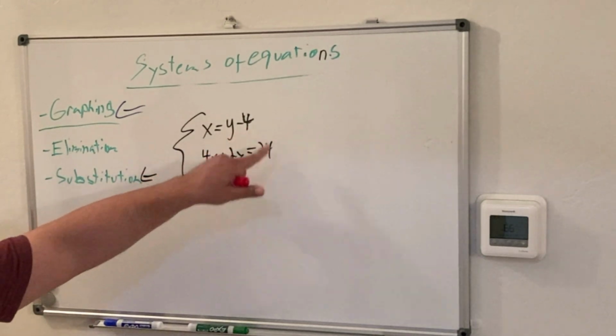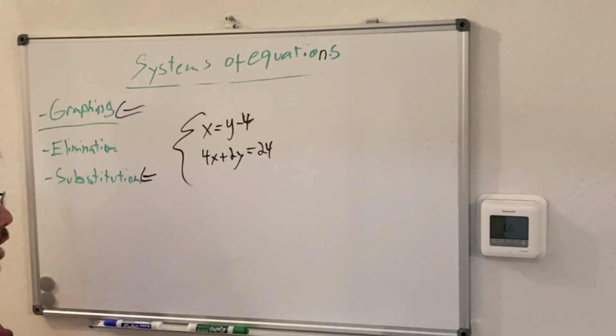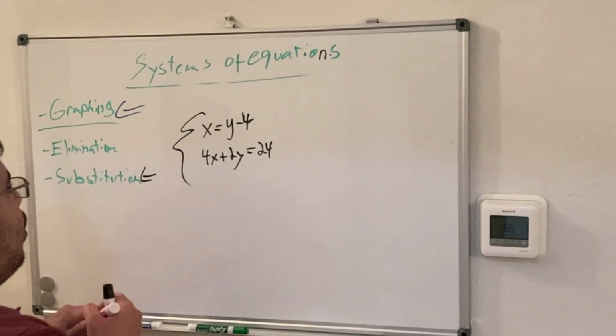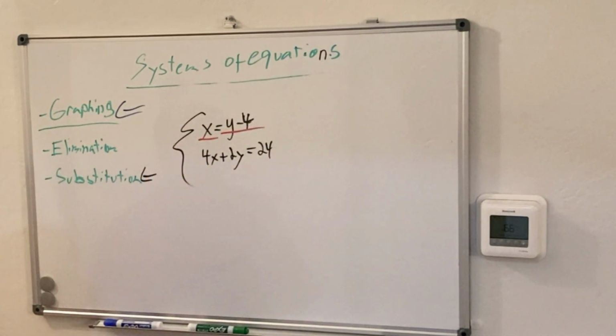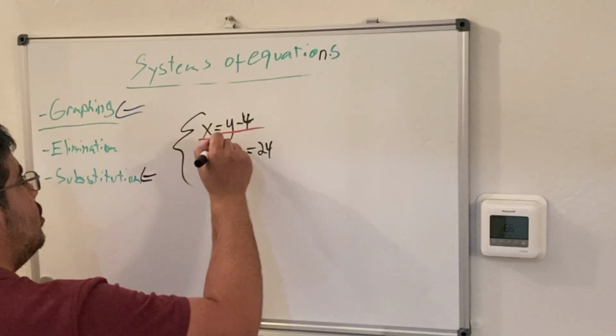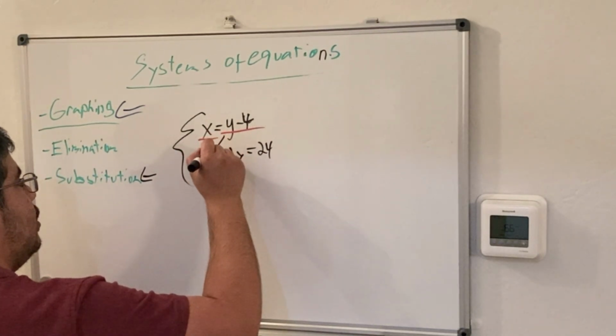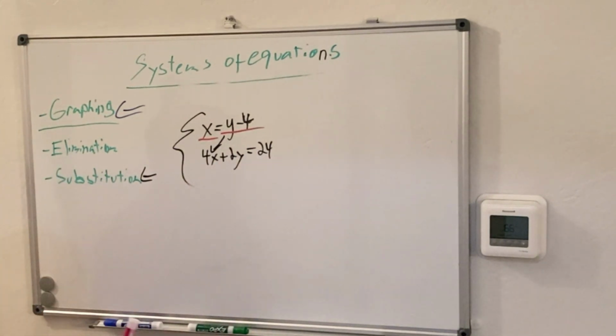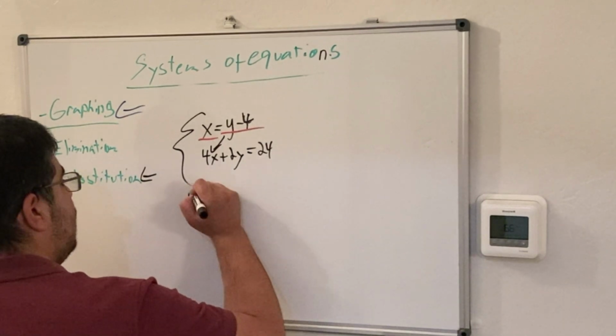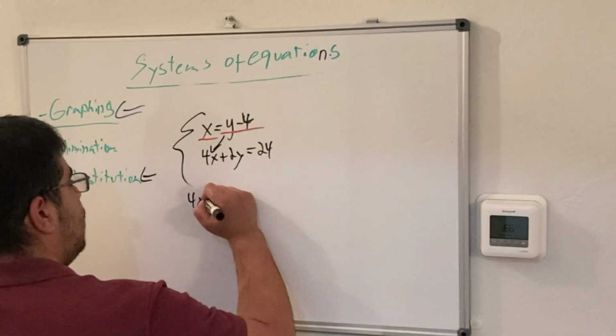So in this case, we have x equals y minus 4. Let's plug that in for x over here. I'm doing this all over again. So 4x plus 2y equals 24.